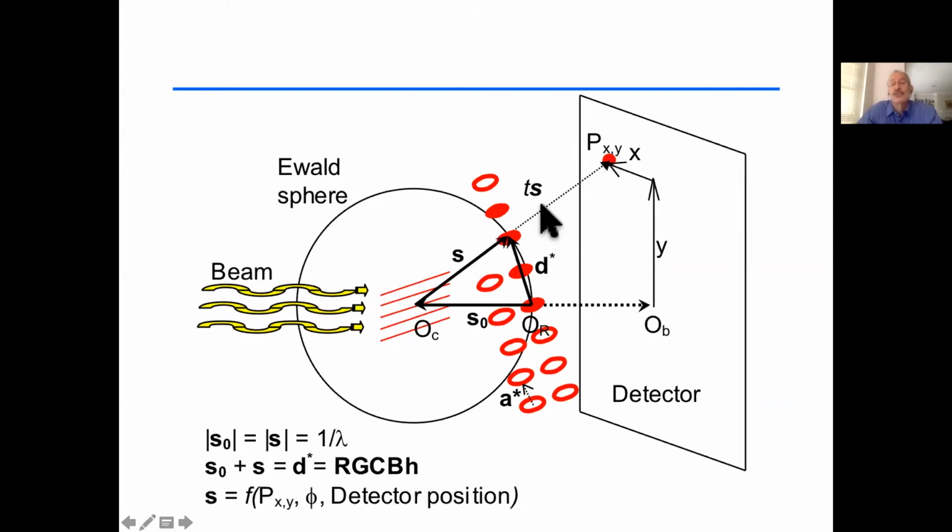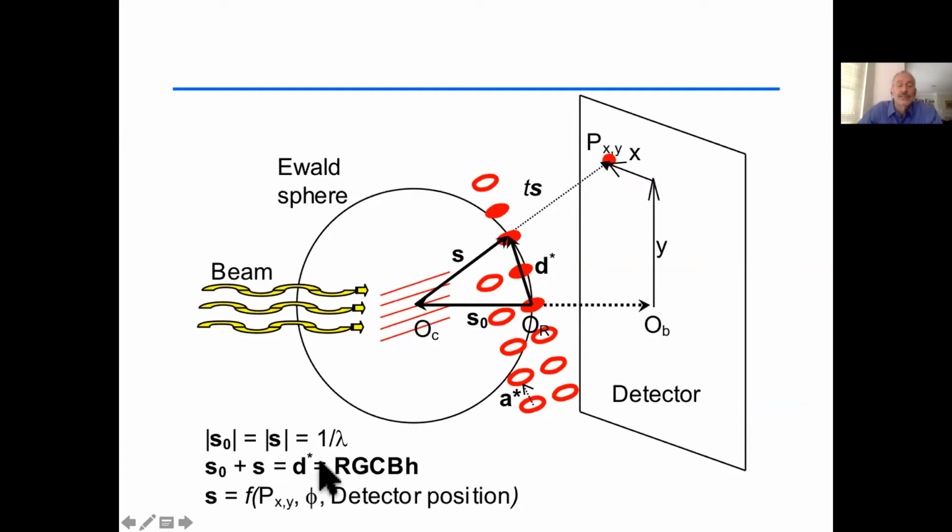If we get this vector and normalize its length to 1 over lambda, as shown here, we now know what the S vector is. We know from the experimental setup what S0 is. So if we take S0 plus S, we can actually get a value for D star.